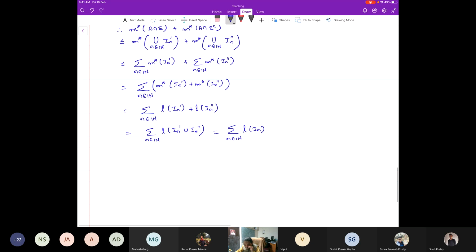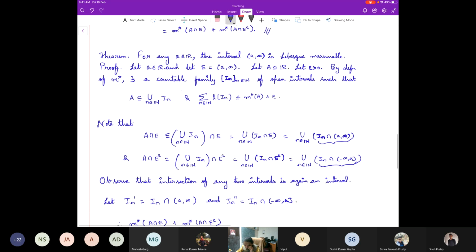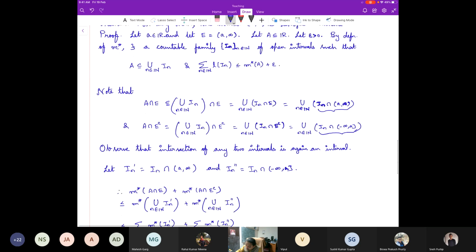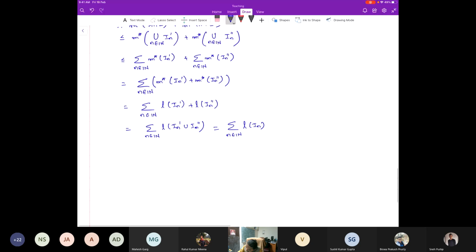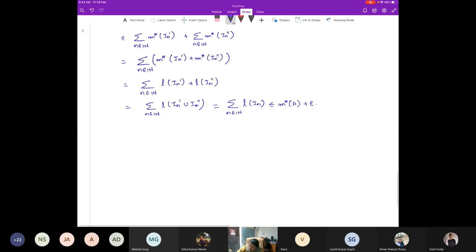But how did we choose these I_n? This is how we have chosen: the summation over n in N of the length of I_n is less than or equal to m star of A plus epsilon. That was our choice.